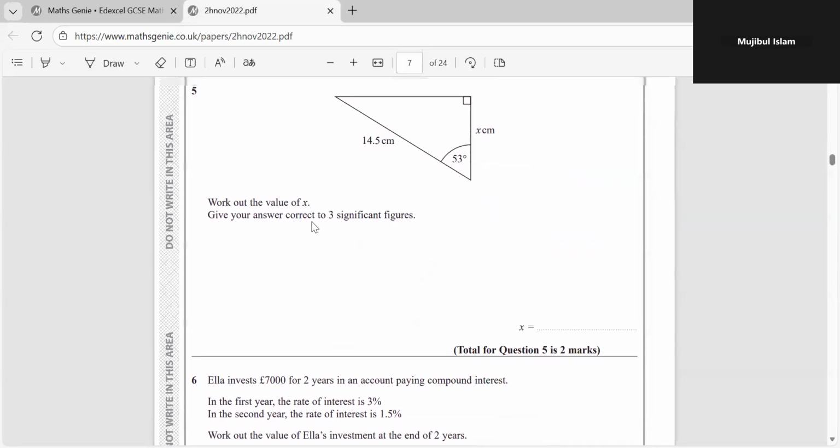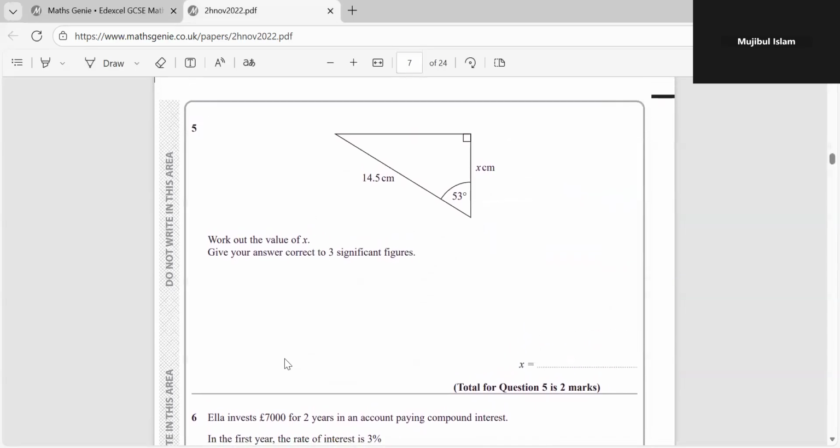All right, so this is worth 2 marks again. I am going to choose 2 people. Oops, what's happened here? Did I press the wrong button? Oh no, the screen has gone. Let me get that screen out again.